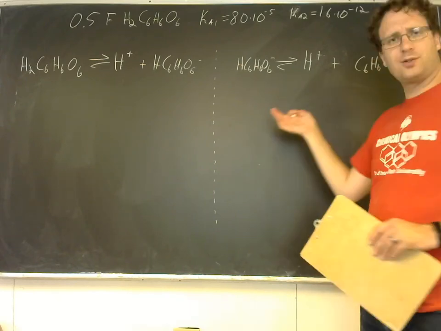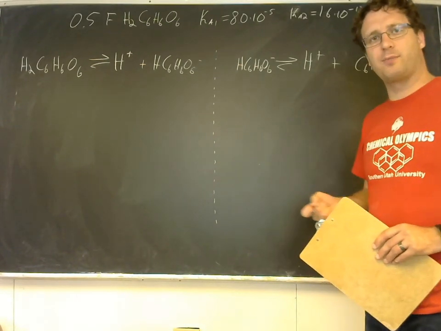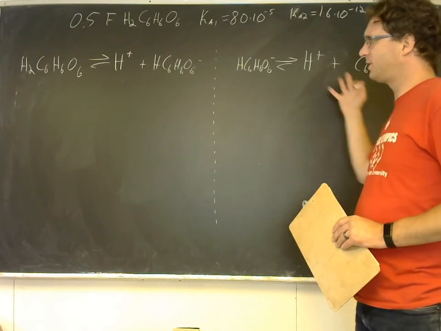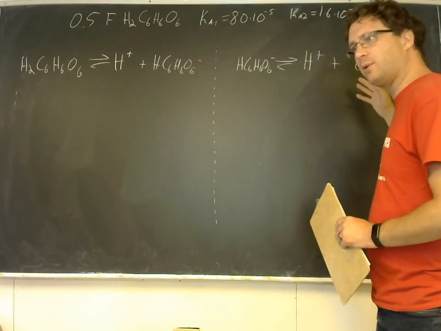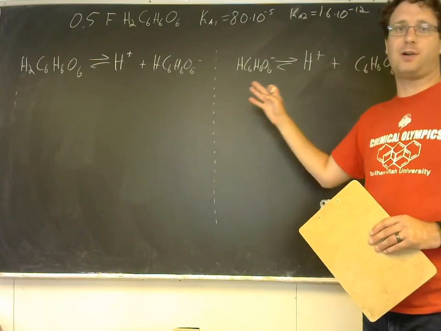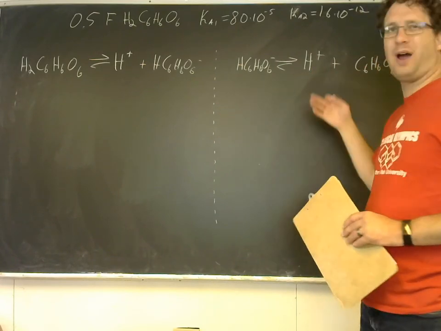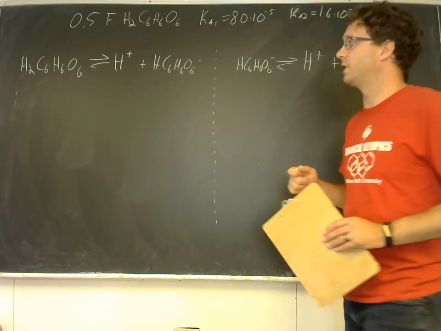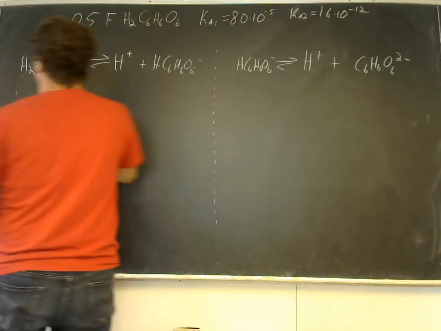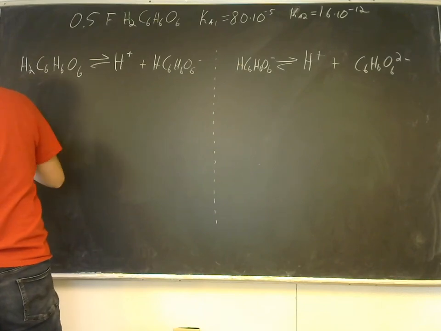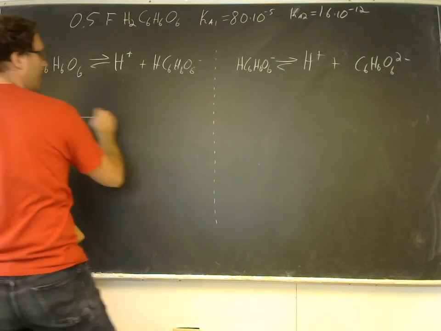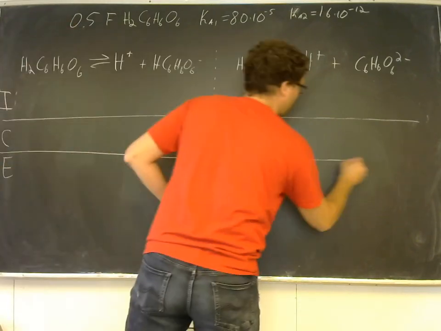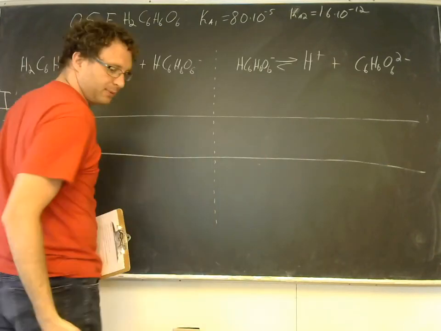Well, what we can do is solve ice tables for both of these. Solving simultaneous equilibria can be really complicated, but we're going to show how in the case of polyprotic acids, it's actually not difficult at all. So we're going to have the initial, change, and equilibrium. We'll do both of these ice tables side by side.